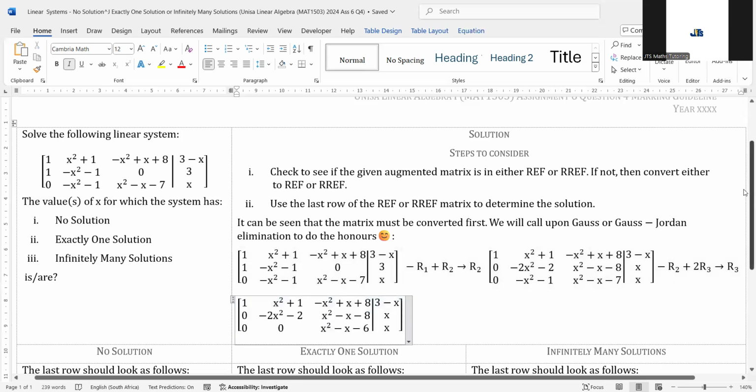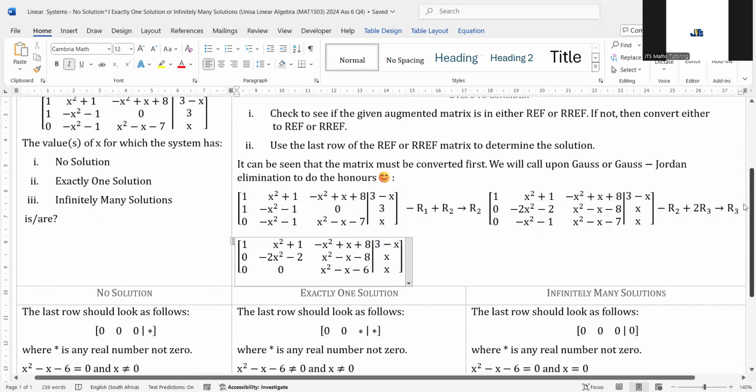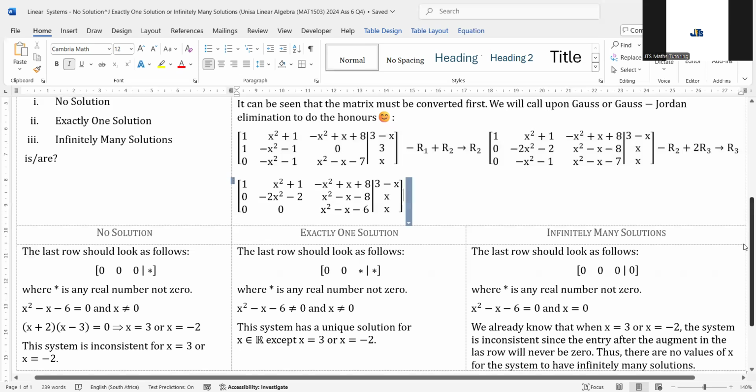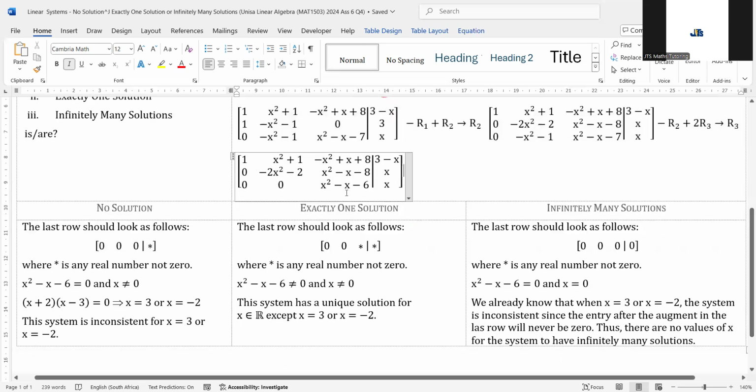And now for us to be able to determine the type of solution, this is how the last row is supposed to look for this system to have no solution. All right, so which means right here we are supposed to have a 0, and where we have this x here, we must have any other number apart from 0. Okay, so solving this x squared minus x minus 6 is equal to 0. Obviously, this can be factored out.